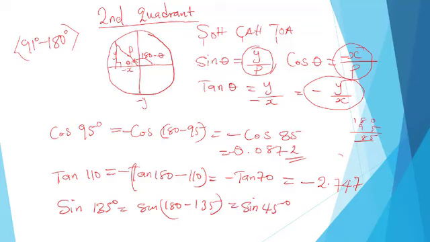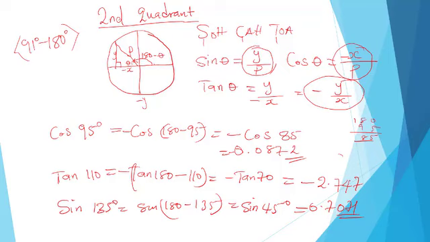Remembering that sine in the second quadrant is always positive, the answer becomes 0.7071.